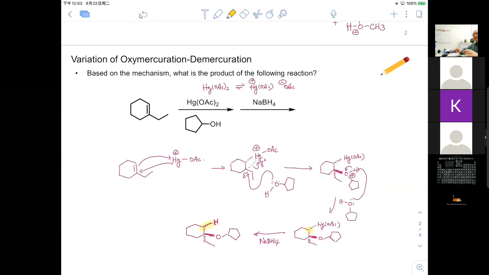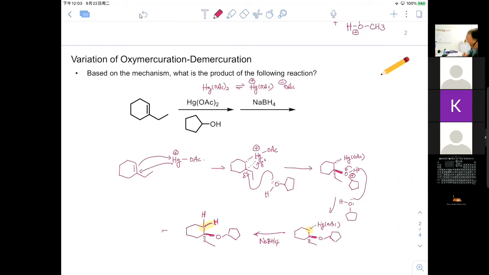All right, but as a net result, the oxymercuration-demercuration reaction using this sequence generates a product with Markovnikov selectivity, with the C-O bond formed at the more crowded carbon here, and the H at the less crowded carbon. And because the other substituent at this carbon is also H, it doesn't matter whether this H is up or down.